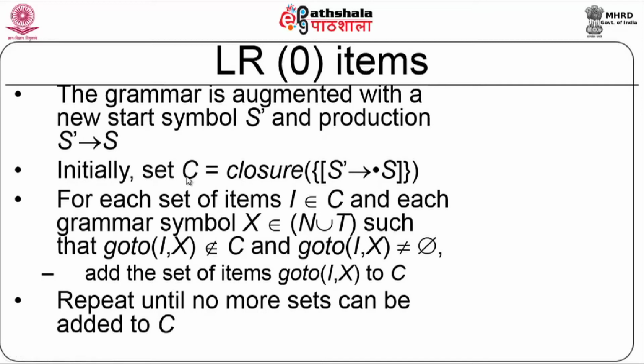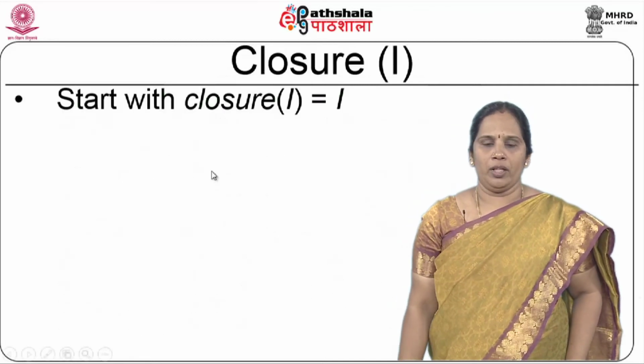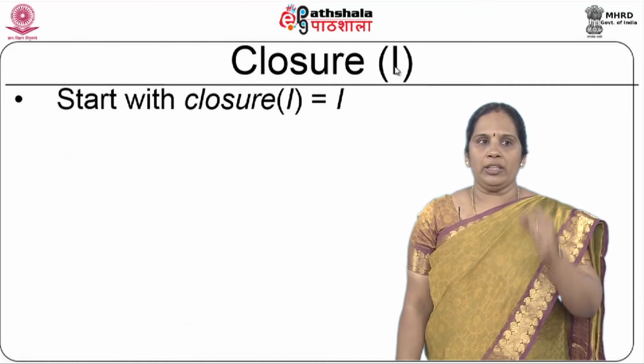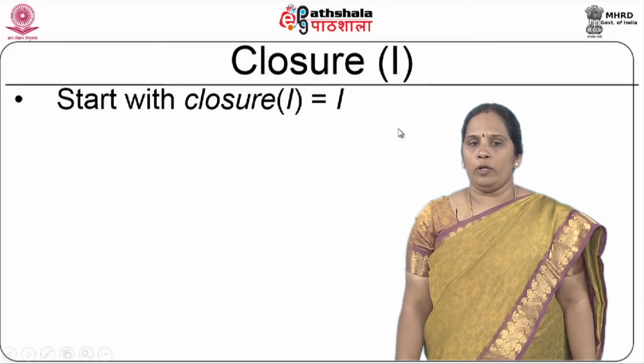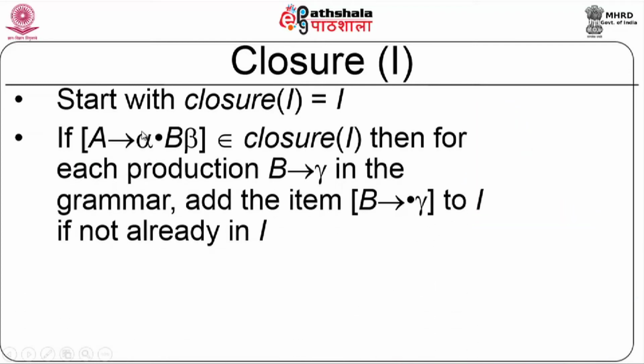To start with, we will compute with closure. Now, what is closure of an item I? Item means the production with a dot at any particular position. So, start with closure of I is equal to I. Whatever is given, that is your starting point. Now, if A produces alpha dot B beta belongs to closure of I, what am I looking at here? There is a non-terminal, and before the non-terminal, there is a dot.